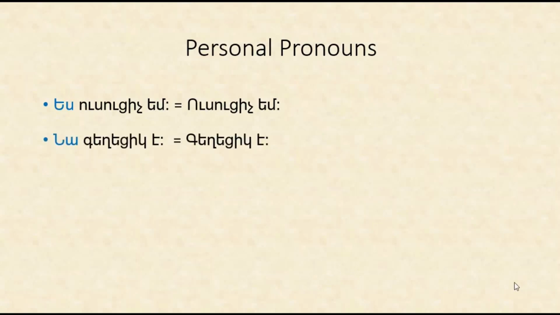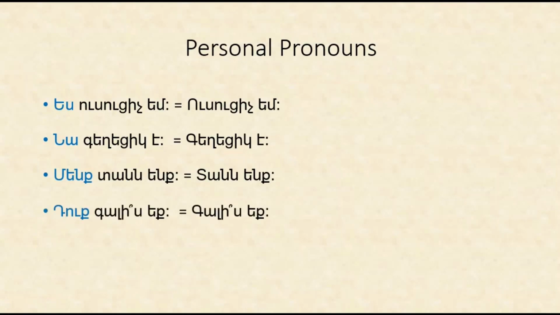Another example is Na գեղեցիկ է. Following the first example, we can get rid of na and simply say գեղեցիկ է. He, she, or it is beautiful. The same way, մենք տանն ենք becomes տանն ենք.